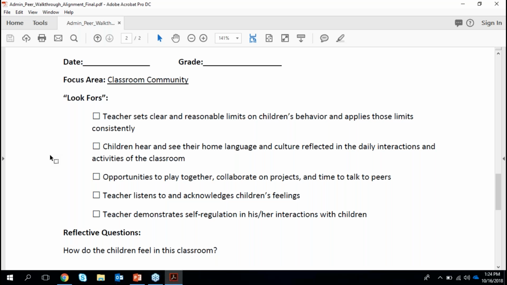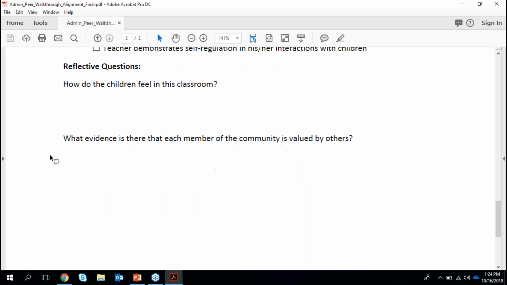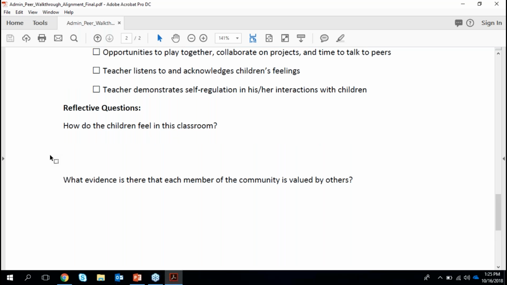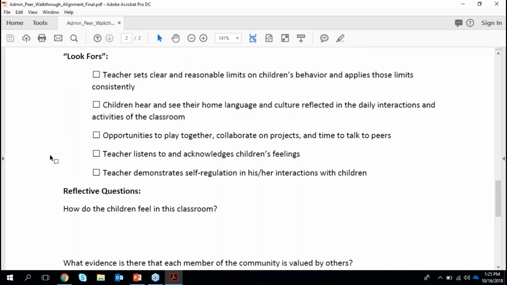look-fors in best practice. You can see we then have our reflective questions of how do the children feel in this classroom, and what evidence is there that each member of the community is valued by others. These are pretty broad questions that offer a lot of opportunity for reflection by the observer.